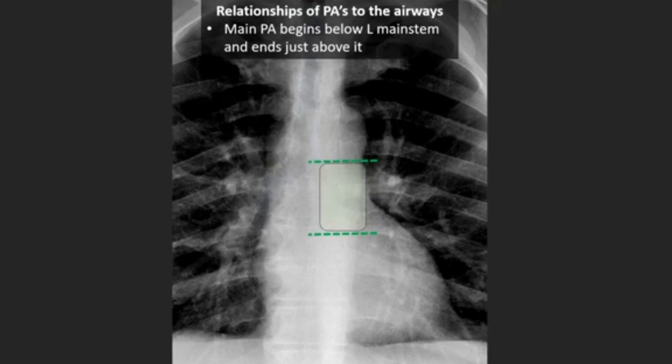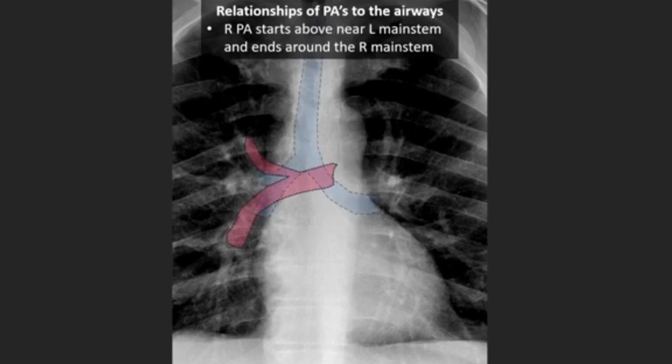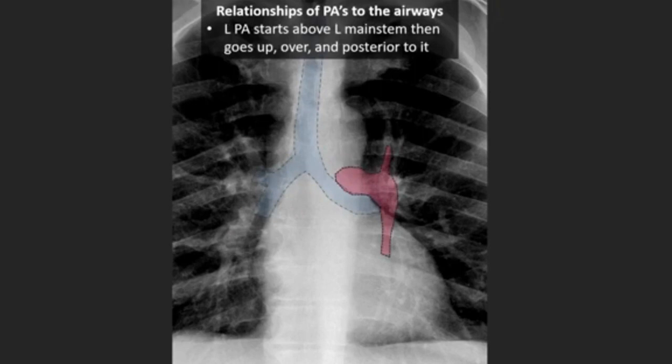And that's where usually your main pulmonary artery is located. And that's your right pulmonary artery. The highlighted area is your right main pulmonary artery. And this is your left main pulmonary artery. It bifurcates going down to your left interlobar.